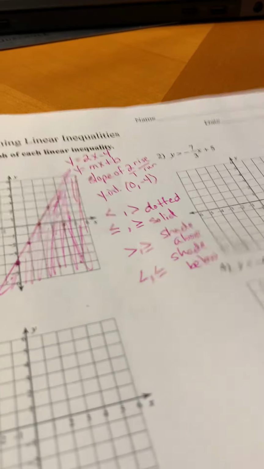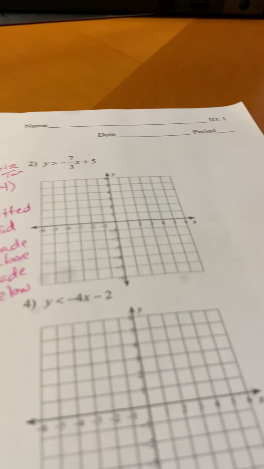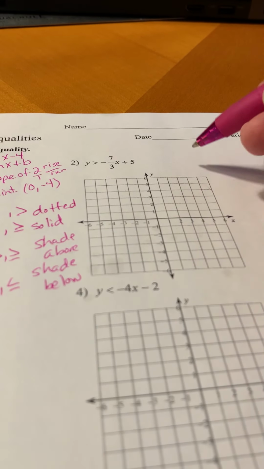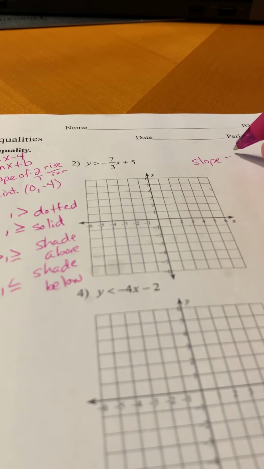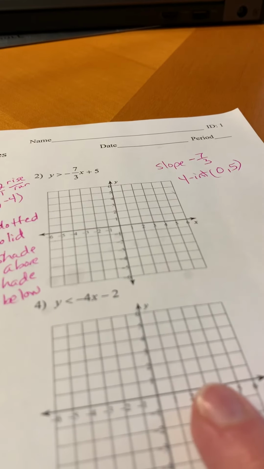So let's look at number 2, our next inequality here. Our slope is -7/3, and then our y-intercept is (0, +5). Let's get that over there so you can see it.